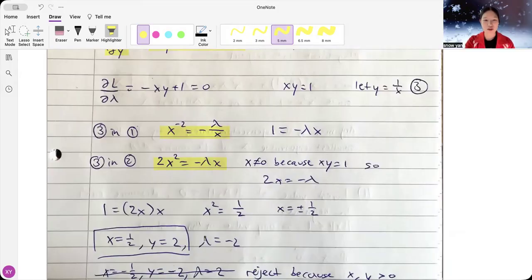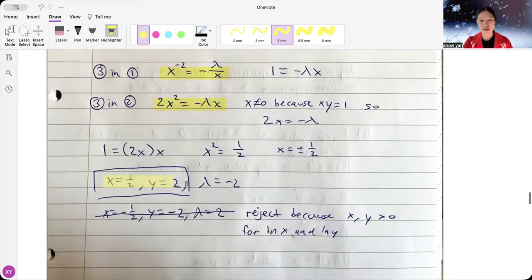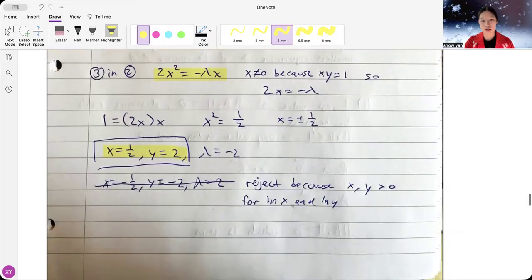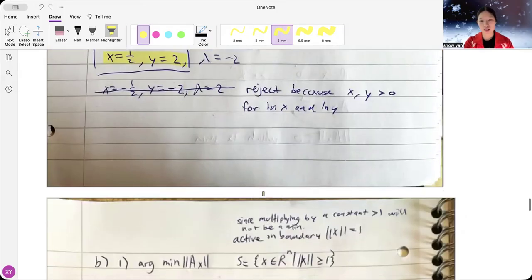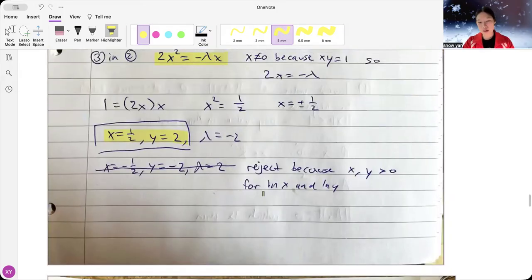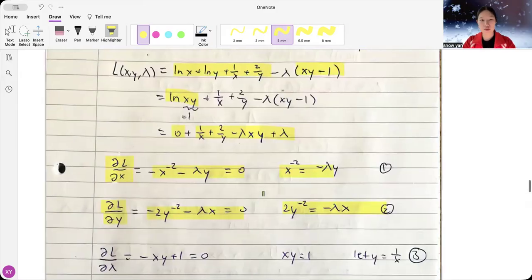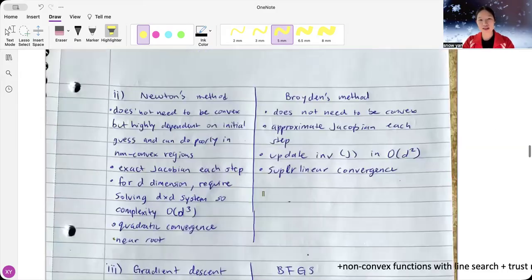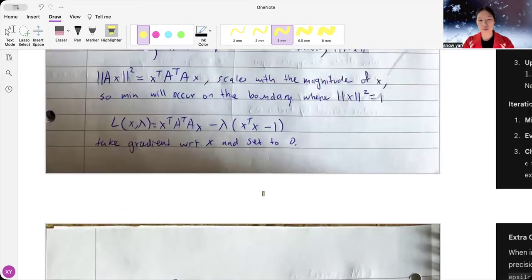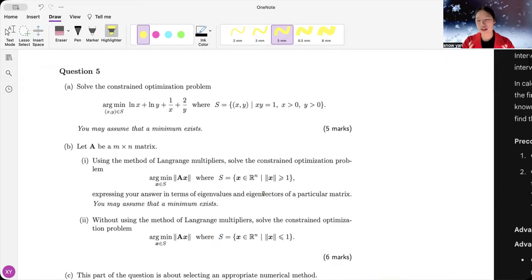I get to the same part as before. I get that this is the root. The other one is negative, so it can't work. So basically we get to the same step as before. But I'd say definitely the first method is better because it's much easier to be in one dimension rather than have to deal with the Lagrangian.